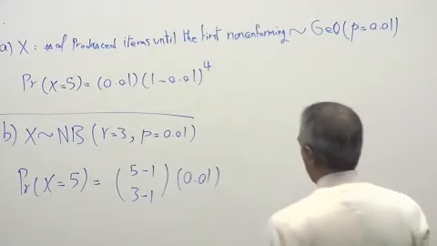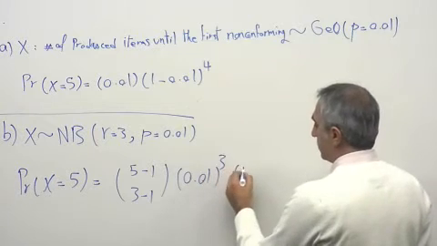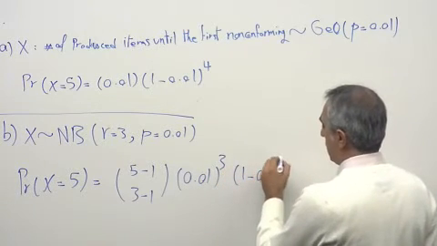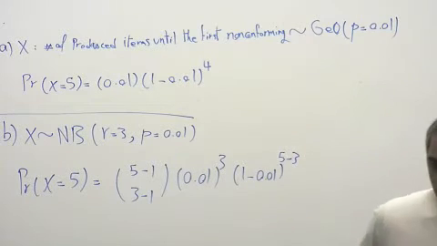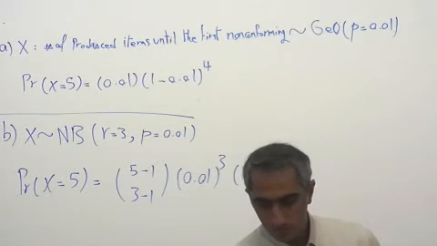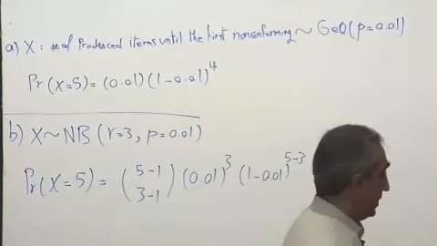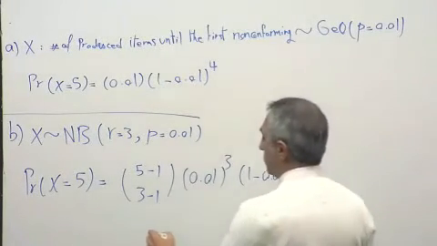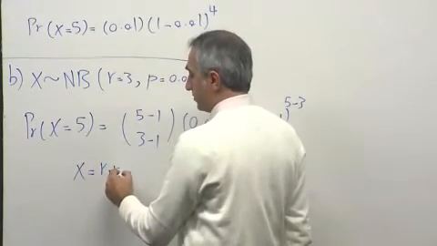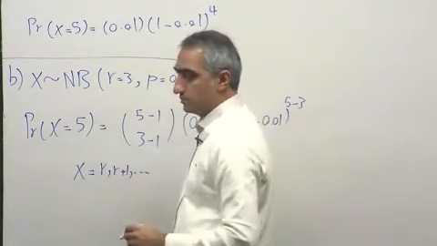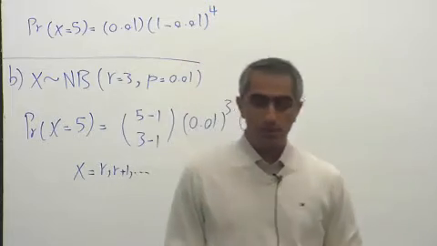Go back. The same probability mass function as you can see here. And this is important. Your X starts from R. That makes sense. So what does it mean in this case?